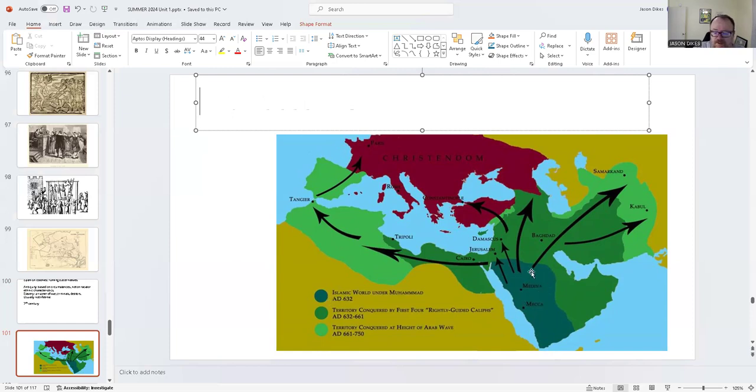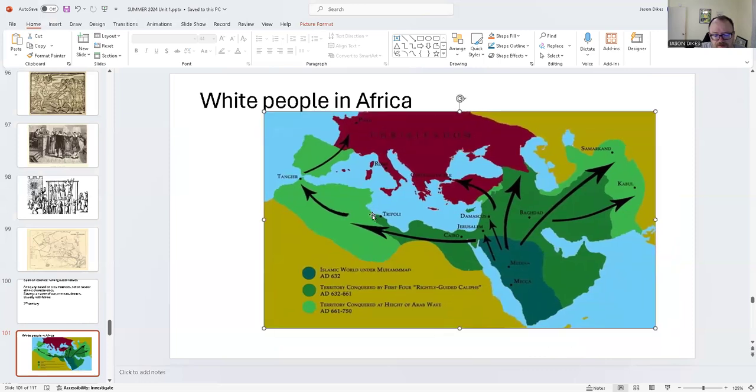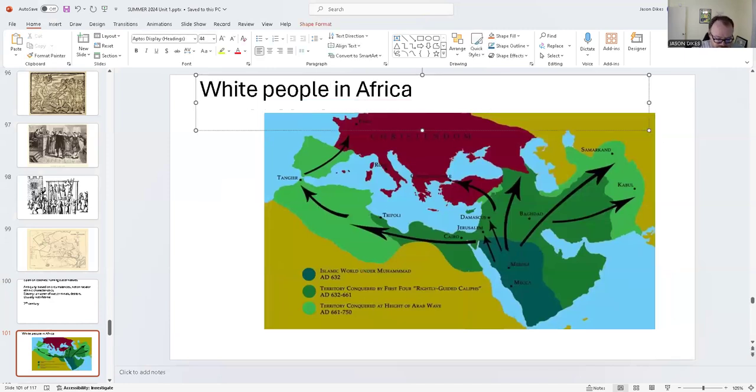But people in the Middle East, driven by religious beliefs, spread out throughout the Middle East and spread out into Africa. And this really brought them into contact with both white people in Africa, which would have been along this section, basically the old Roman Empire, but it also would have brought them into contact for the first time with Black people in Africa.